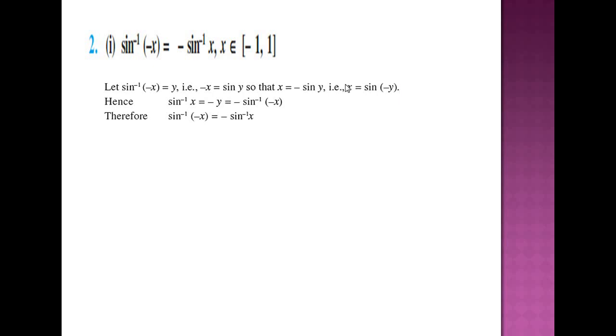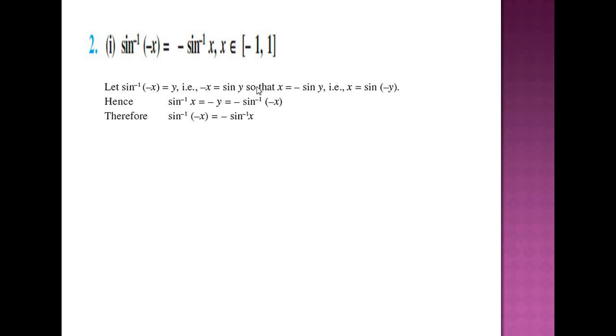Now if I shift this here, sine inverse of x becomes minus y, right? So already you have taken y as sine inverse of minus x. So sine inverse of x equals minus y, so minus as it is, and in place of y you are writing sine inverse of minus x.